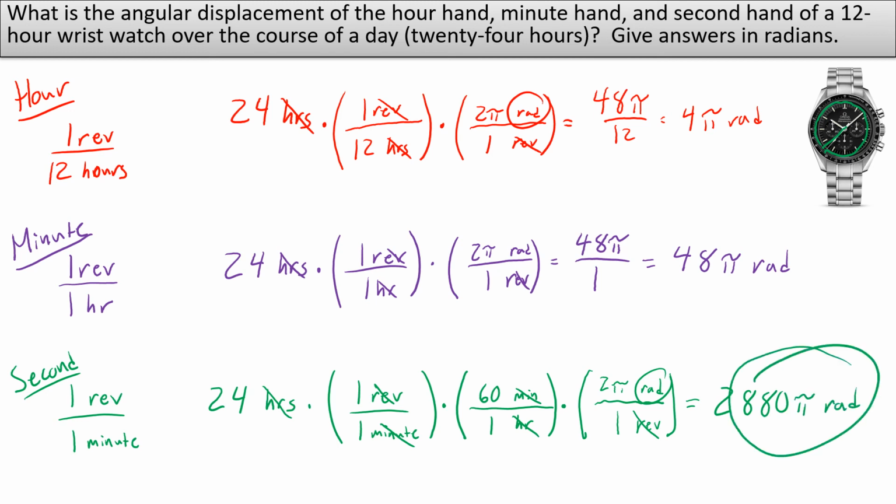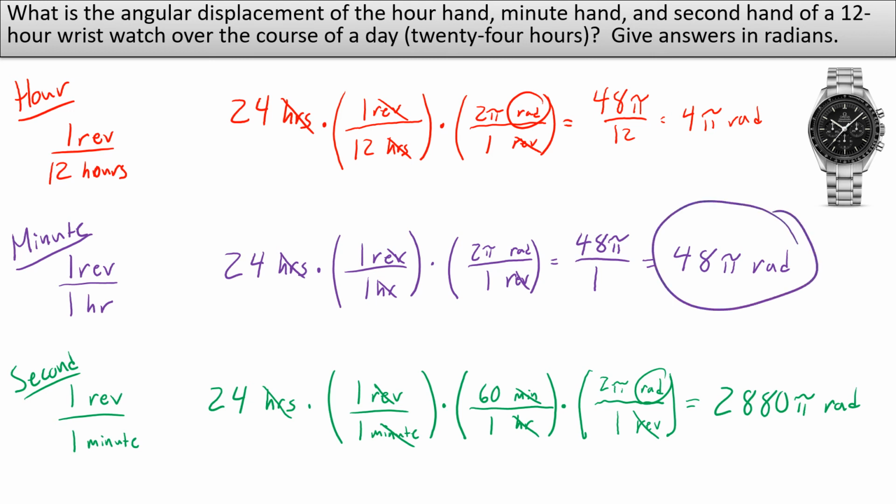That's a lot. The second hand goes through many rotations in a 24-hour period. The minute hand goes through less rotations in a 24-hour period, and the hour hand moves very slowly. It's going through the least amount of rotations in the 24-hour period. Now, we're dealing with time here, which is kind of getting into the idea of angular velocity.